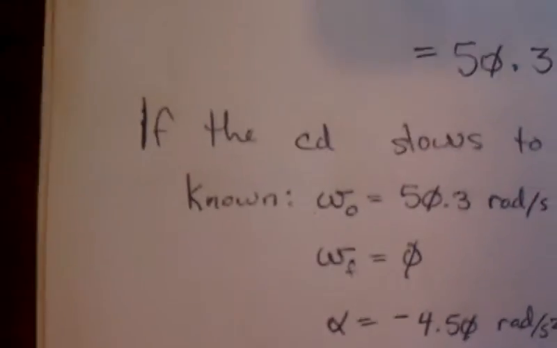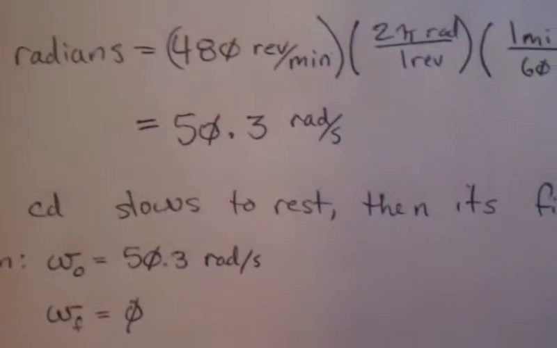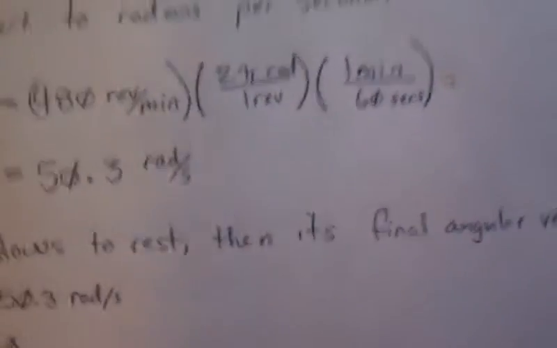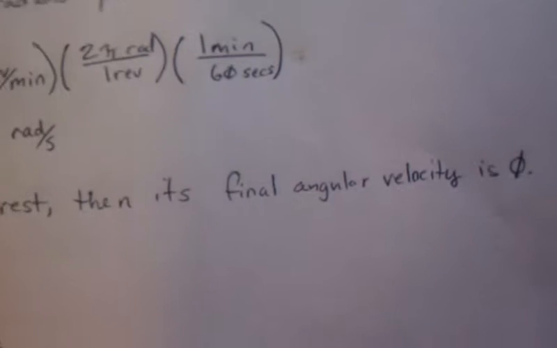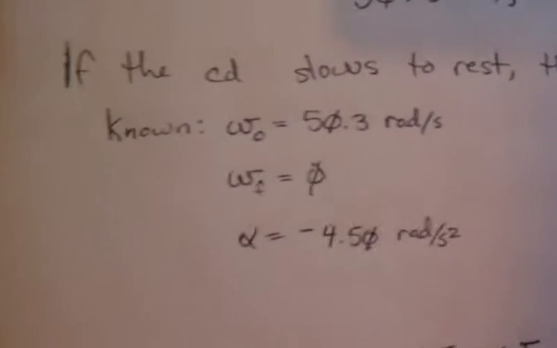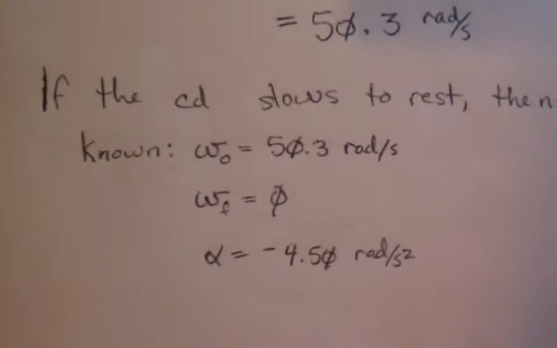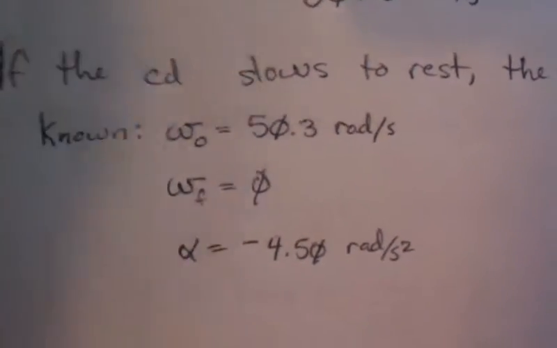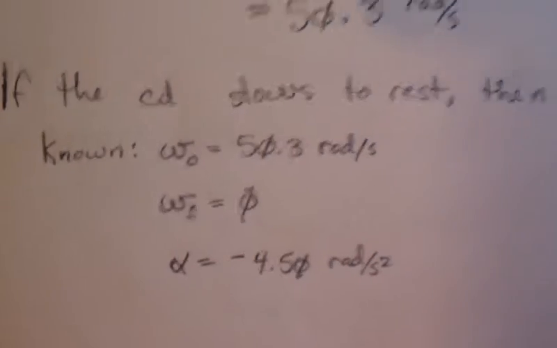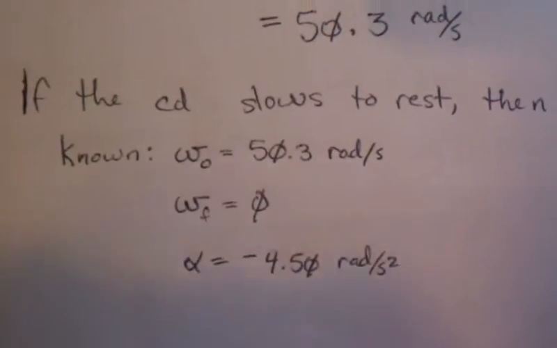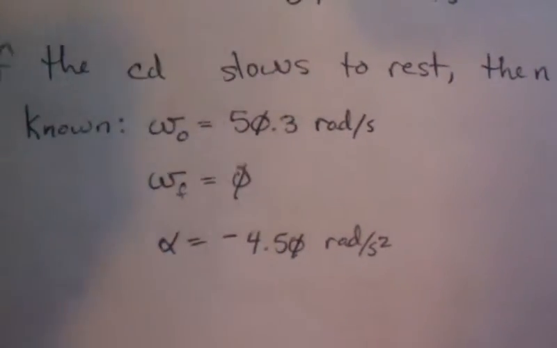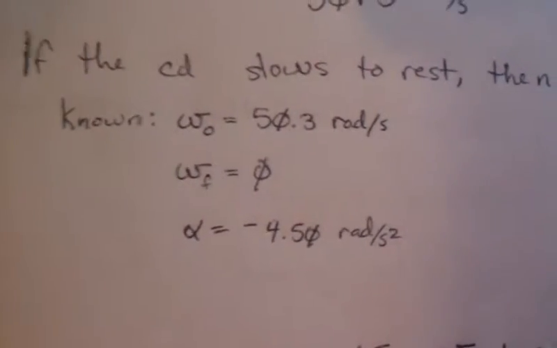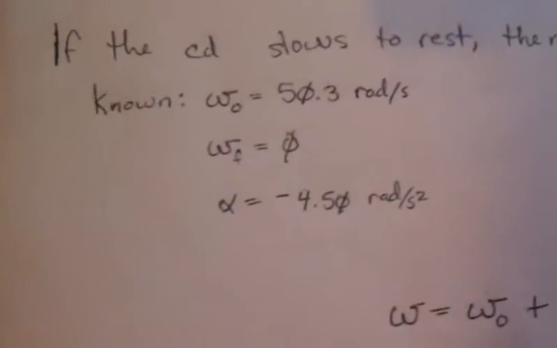Now, if the CD slows to rest, then its final angular velocity should be 0. And what we know so far, we know that the original angular velocity is 50.3 rads per second, which we just converted. The final, of course, is 0, and the angular acceleration, since it's negative, is negative 4.50 rads per second squared.